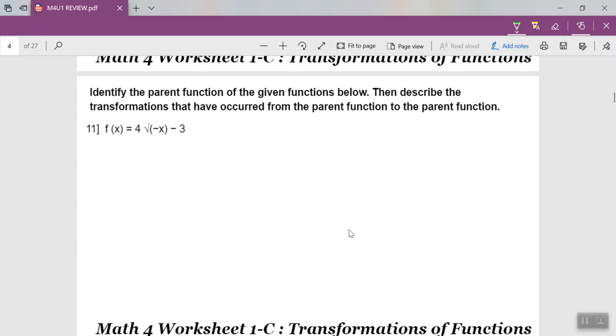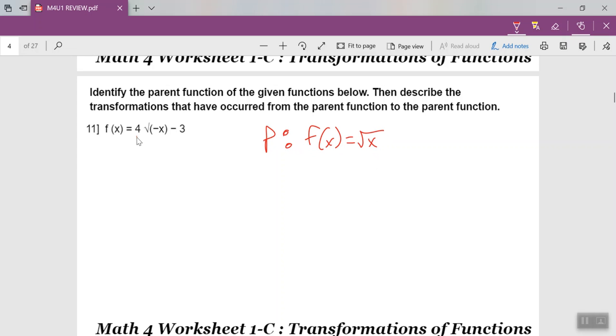Now, here we have to identify the parent and describe the transformations. All right, so I'm going to make something a little more readable. Parent should be f of x equals square root of x.